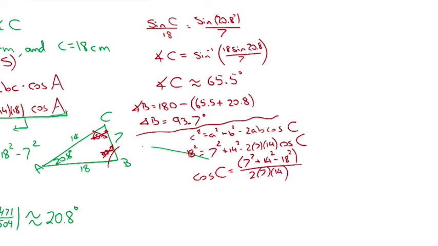You have a calculator. Oh, that's right. So the measure of angle C is going to be approximately the cosine inverse of this ugly mess up here. Just make sure you put a parenthesis in the beginning and a parenthesis at the end. You'll be fine. Then just type it in your calculator.